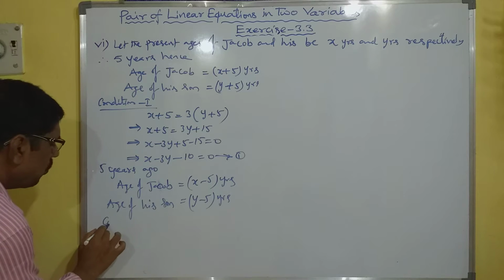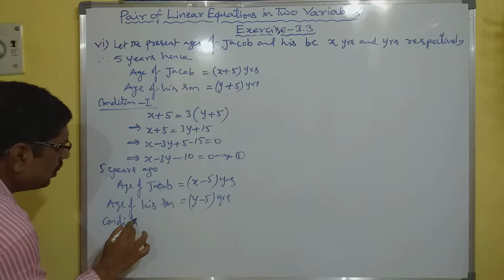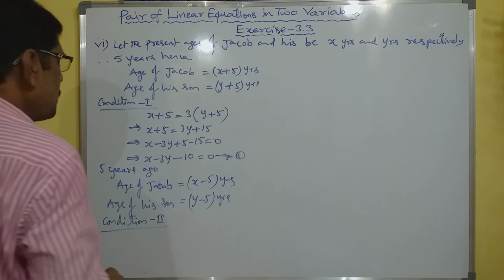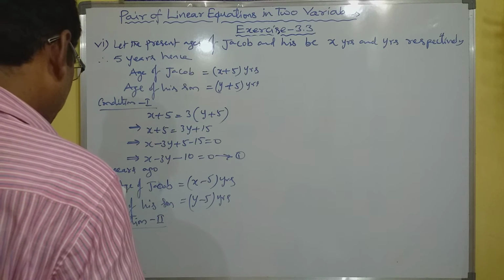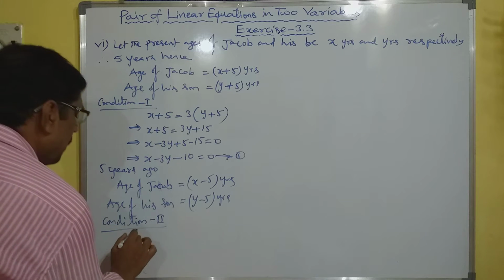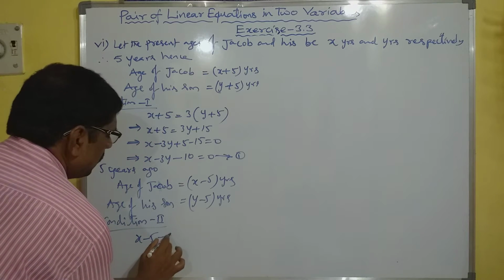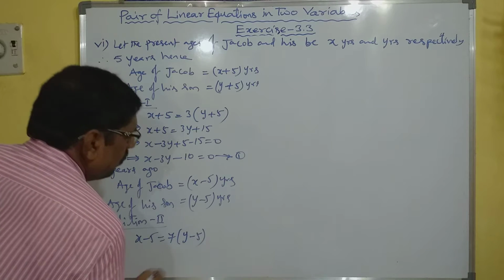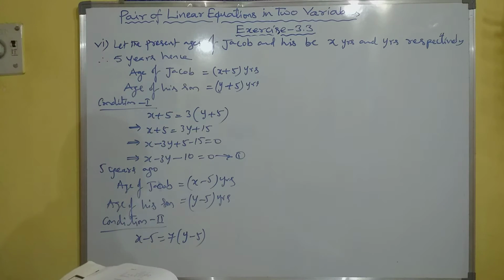Now condition 2. What is the condition? That is, age of Jacob is 7 times his son's age, means x minus 5 is equal to 7 times his son's age when it is 5 years ago.